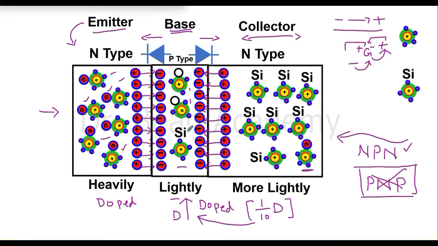So I can operate this device, which I am calling a transistor, in many ways, right? Because now I can either make this junction and this junction forward bias, and then maybe this and this reverse bias. There could be many possibilities, right?